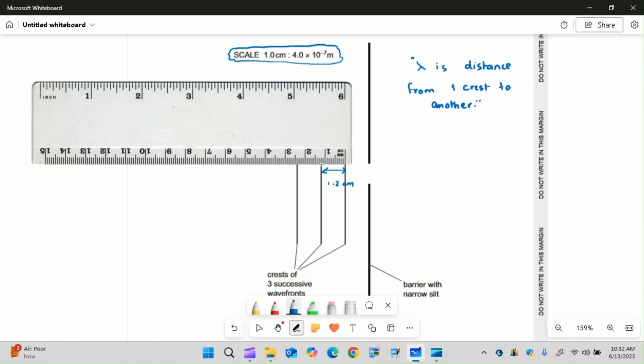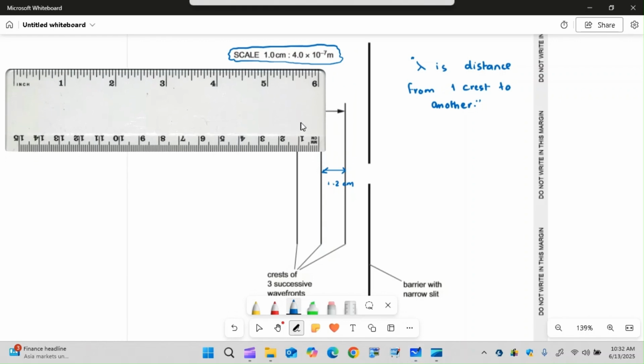And similarly, if I see from here to here, this is 2.4. So 2.4 divided by 2 will also give me the same, or I can just simply see the other for confirmation.